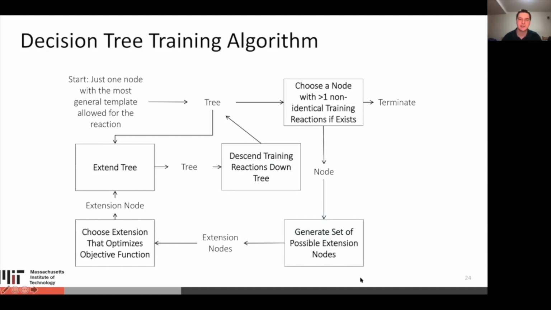You generate a possible set of extensions to the tree, new groups that could go below a certain group, and then we choose the one that best improves accuracy. We extend the tree, we descend the training reactions down, and we cycle this through until we finish. And that gives you a tree.